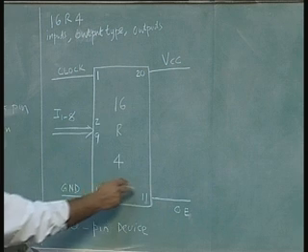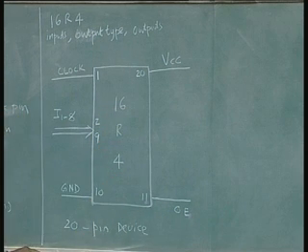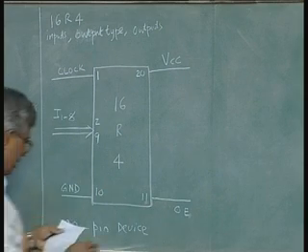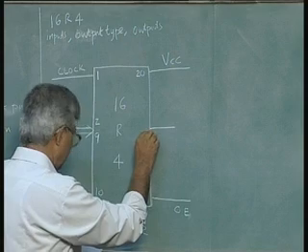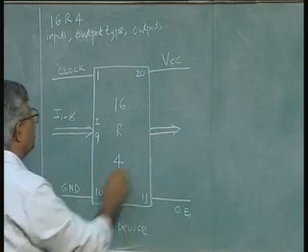So, that means there are 8 more left, and we still wonder how I am going to accommodate 16 inputs. Very easy. Now, out of these, 4 are registered outputs.